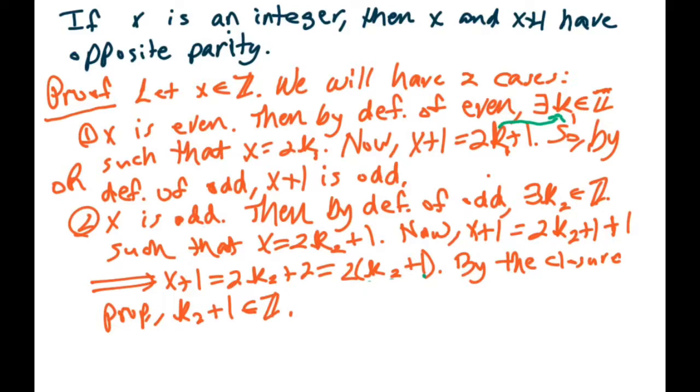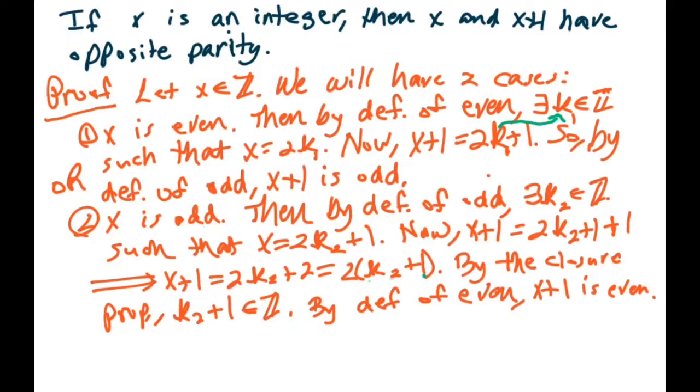And so now x plus 1 fits the exact definition of an even number. And so we can just simply say, by definition of even, x plus 1 is even.